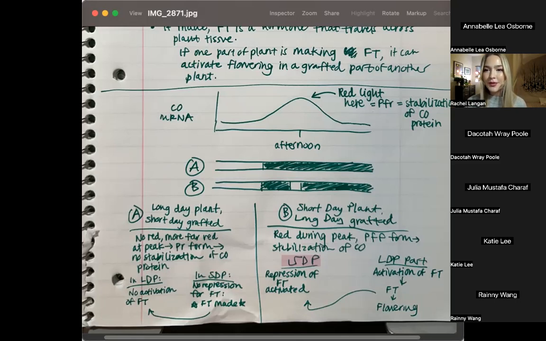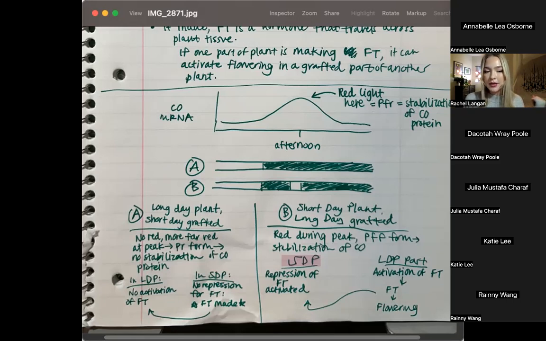Okay, thank you. And then also, I'm just curious, but this might be completely irrelevant, is there ever a thing where it's daylight and there's a flash of darkness, and does that change things? Or maybe that's completely irrelevant to what we're learning. No, that is fair game. I could give you a flash of white light, and white light you should assume has more red than far red.